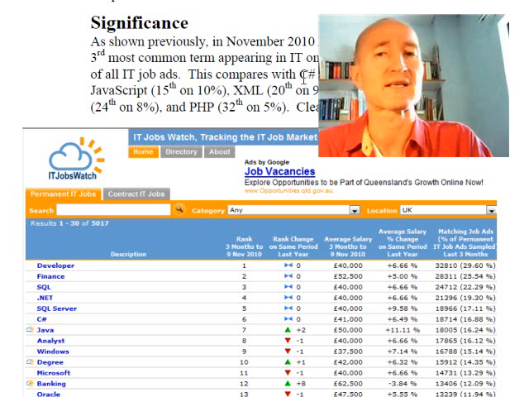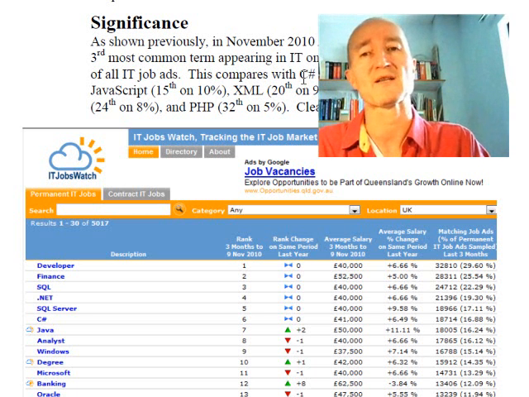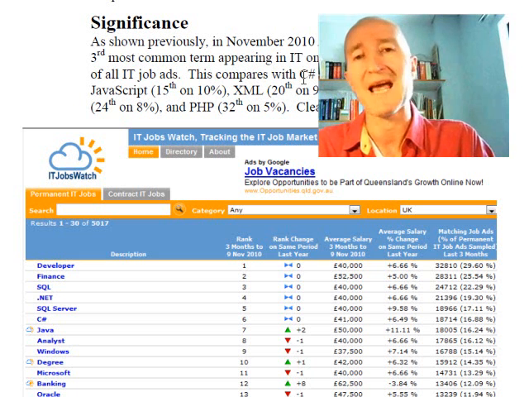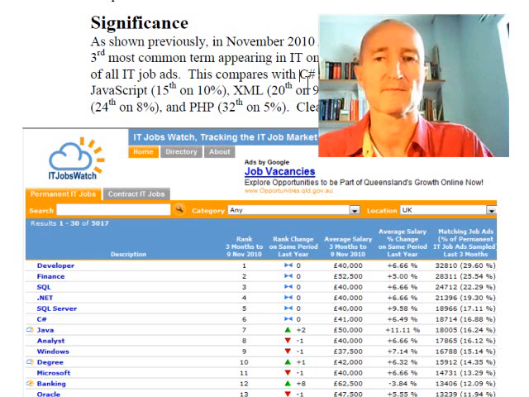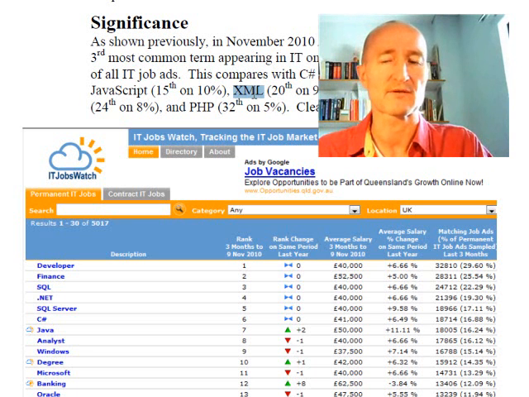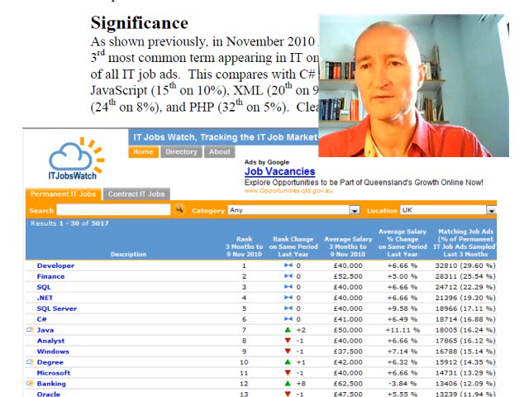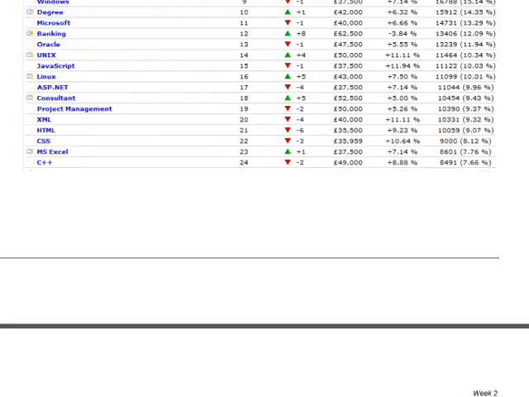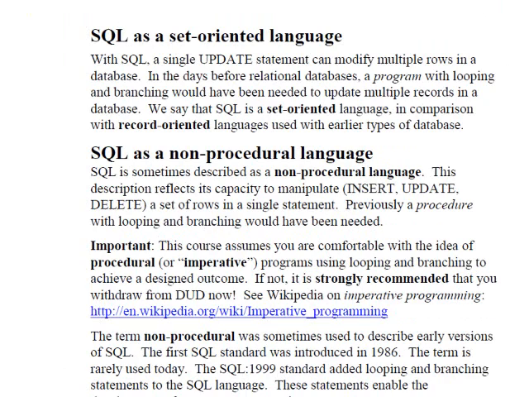It's a language for defining databases, manipulating the contents of databases, and querying databases. XML is another example of a special purpose language. So you can see there the relative importance in the job market for those different languages.